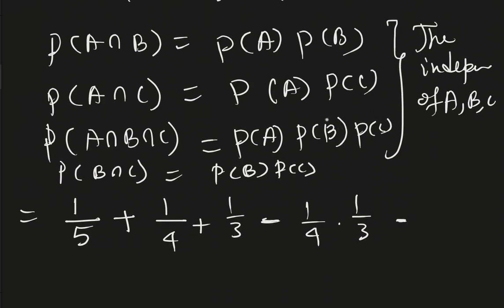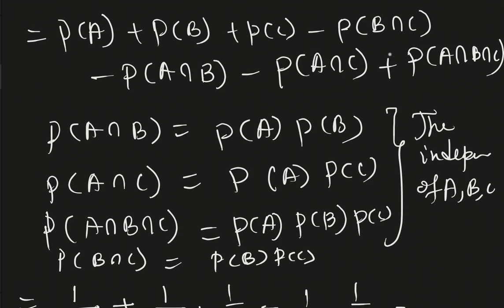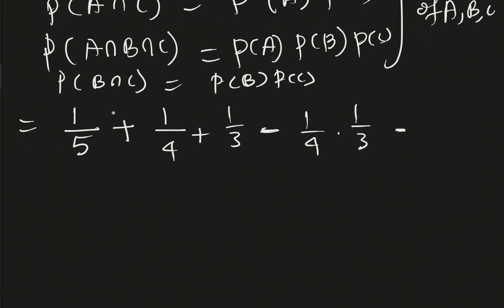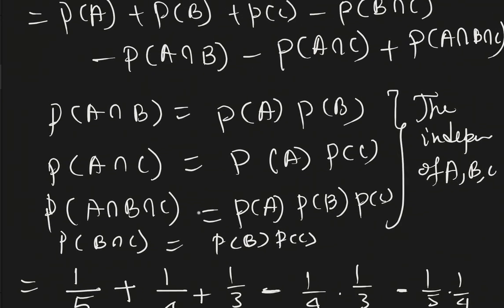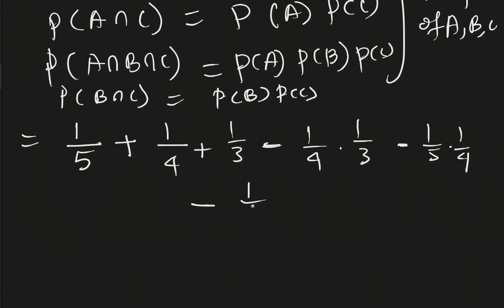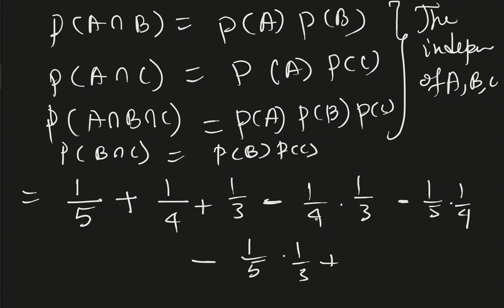Minus P(A intersection B), so A intersection B means 1 by 5 into 1 by 4. Minus A intersection C, so 1 by 5 into 1 by 3, right? Plus A intersection B intersection C, that will be 1/5 into 1/4 into 1/3.